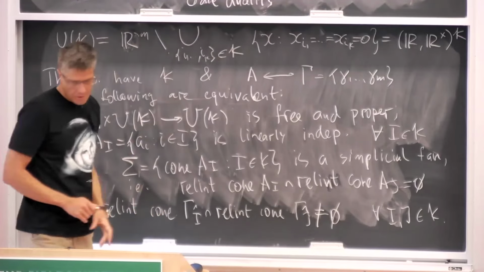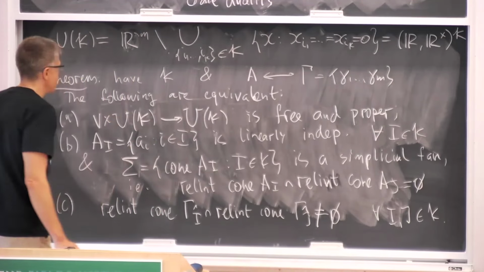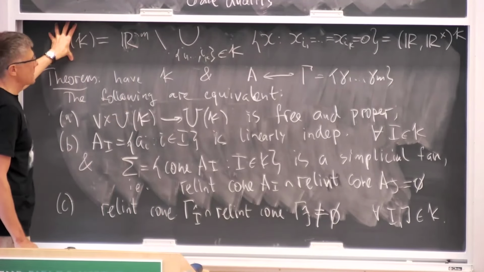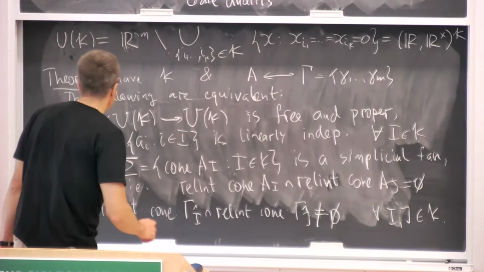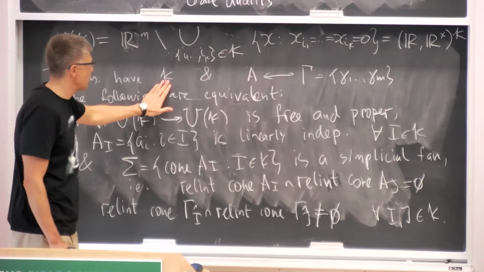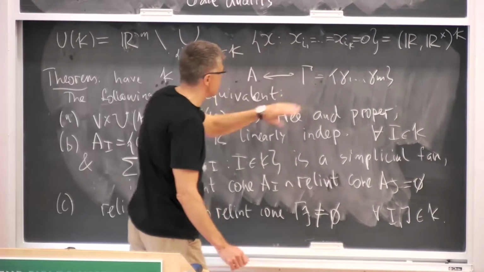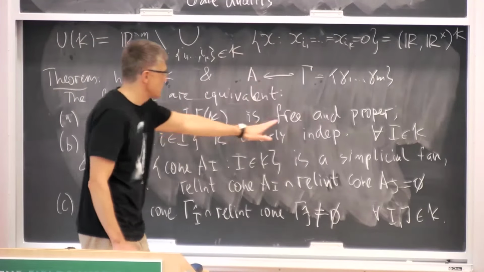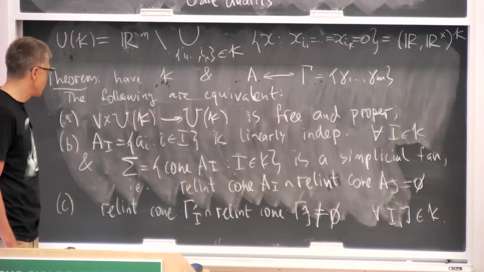Now, in terms of this Gale duality, we had this criterion for the exponential action restricted to an open subset defined by a simplicial complex K to be free and proper. So once you have a simplicial complex and a pair of Gale dual configurations, then the following conditions are equivalent. The first is that the restricted action of V on this open subset is free and proper.